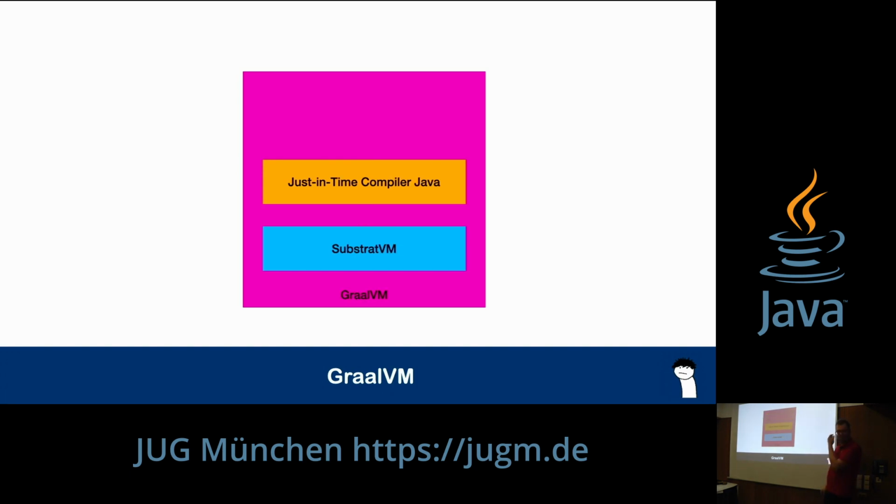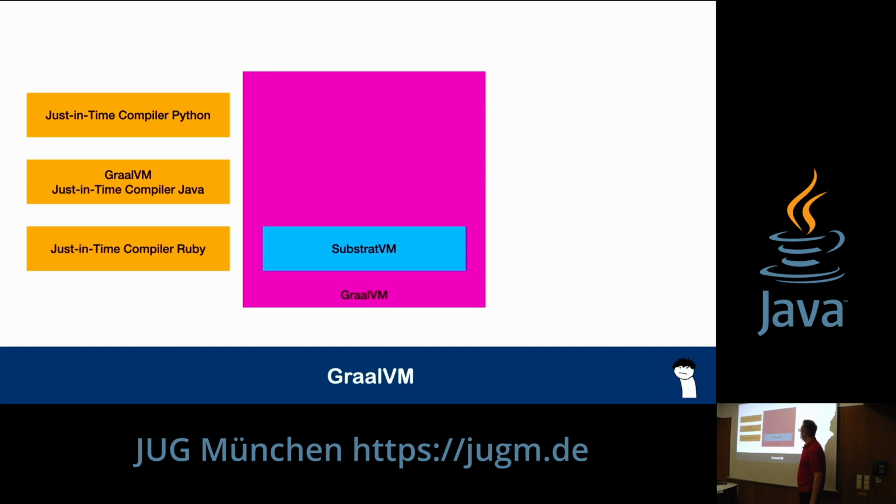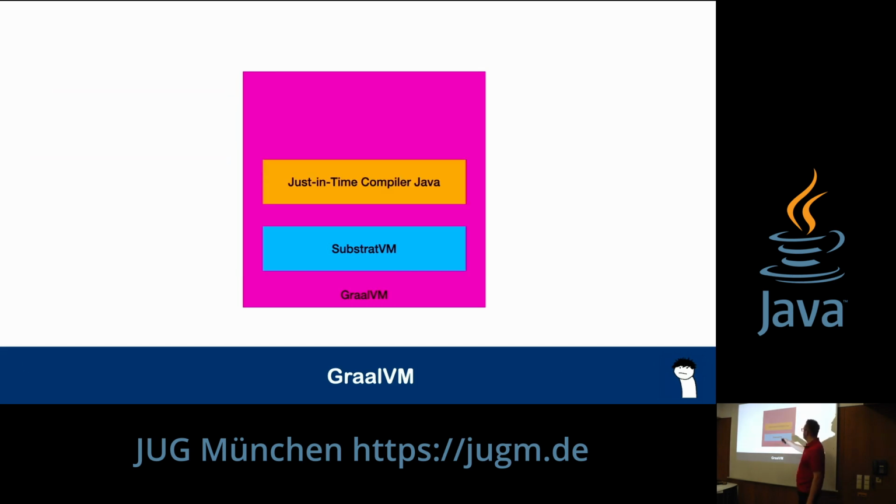GraalVM works in a bit similar way, because at the bottom we have the so-called Substrate VM, which is a very thin layer of the virtual machine that brings all the basic functionality, connections with the operating system, things like that. And we have a just-in-time compiler, which is able to compile code to machine code. However, there is one interesting piece that not many people talk about: this compiler is swappable.